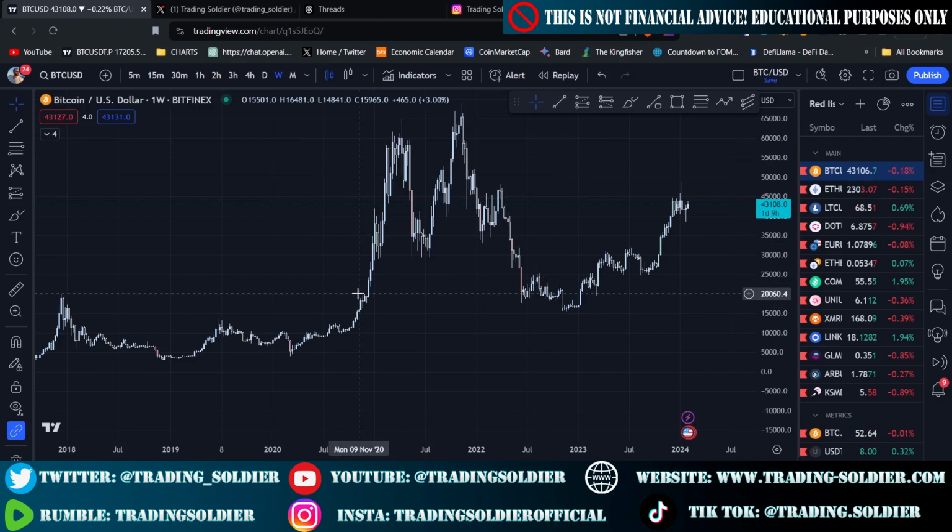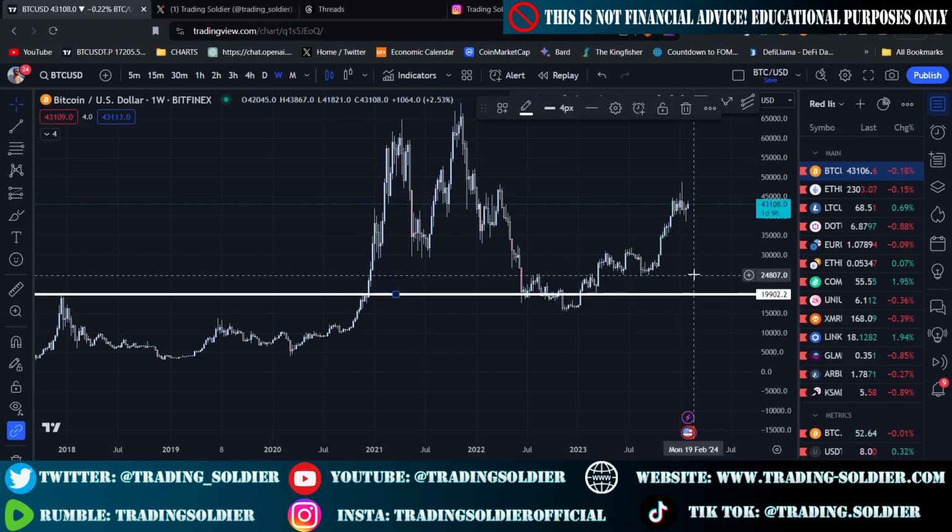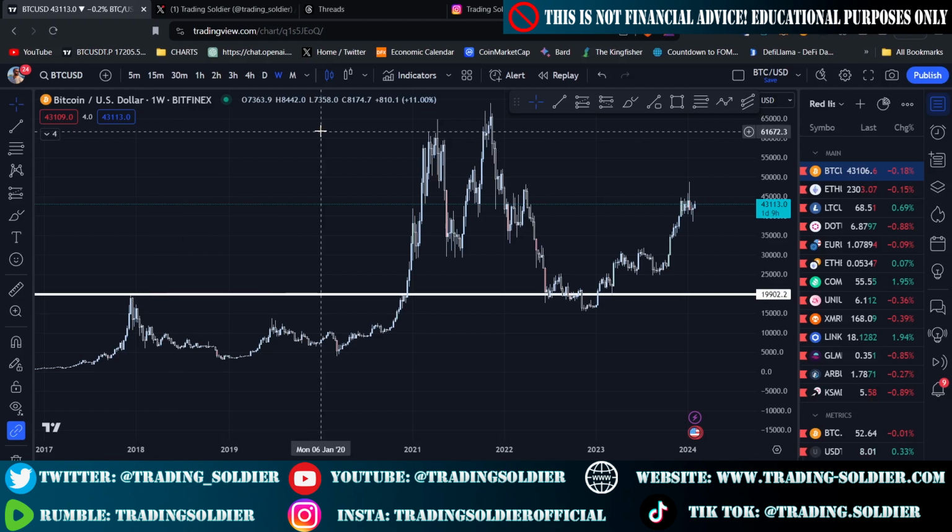The first support level that I see is this one. We are going to represent it with a bolder line, because we are in the weekly time frame, so we consider this level a high quality support.